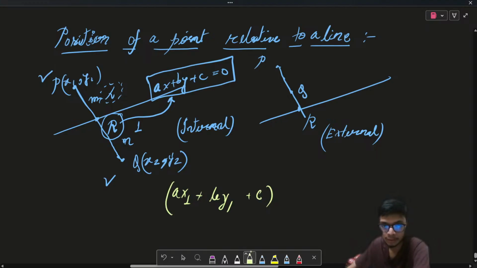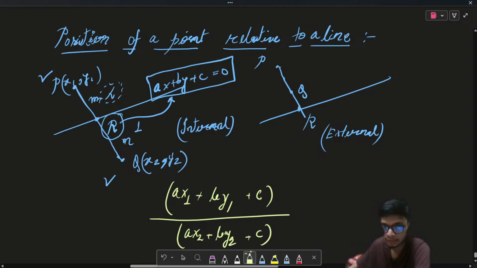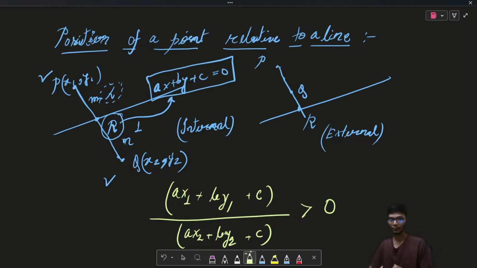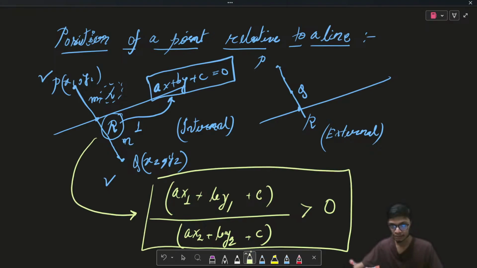If you get this ratio coming out as positive, that basically means this point R is between points P and Q, that is, points P and Q are on the opposite sides of the given line, then this ratio should turn out to be positive.